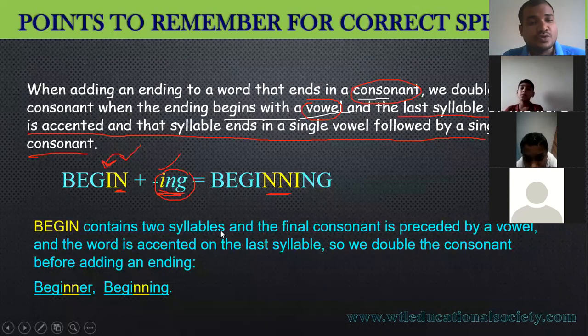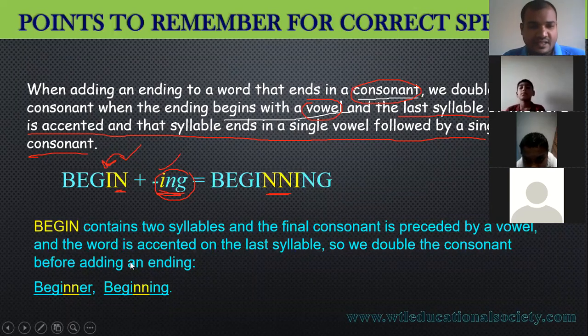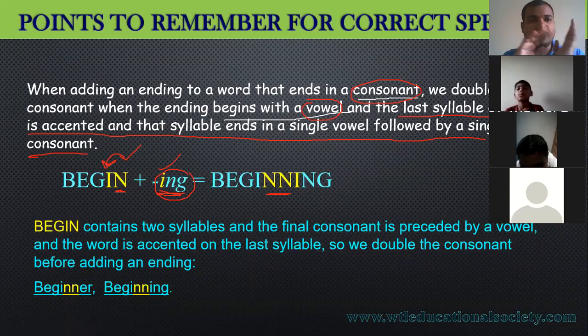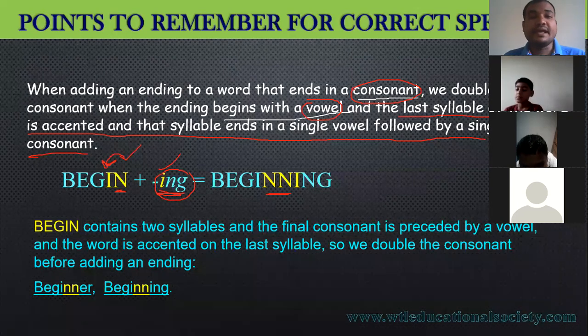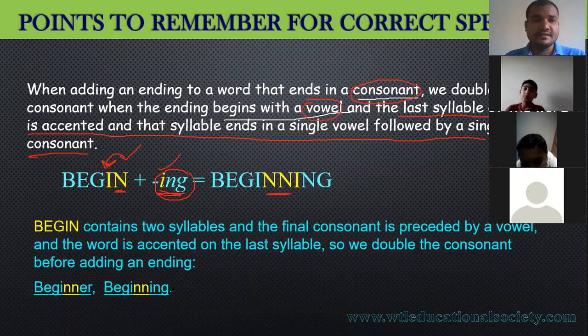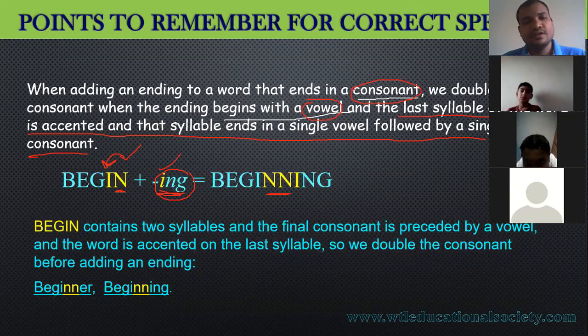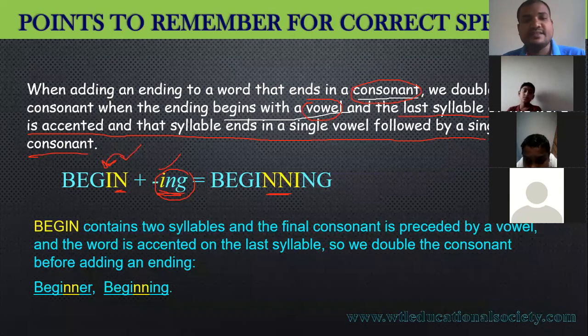Begin contains two syllables and the final consonant is preceded by a vowel, and the word is accented on the last syllable.